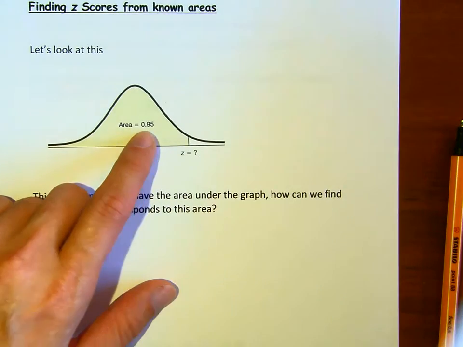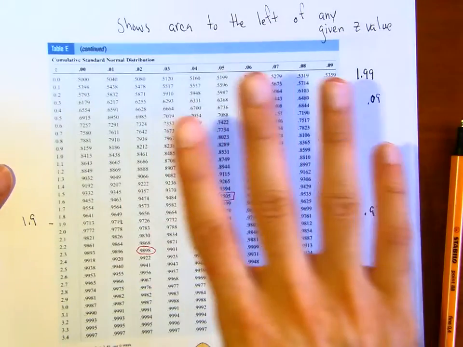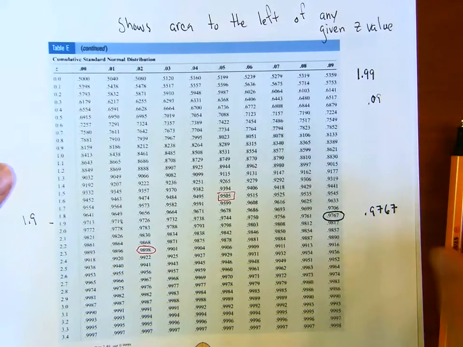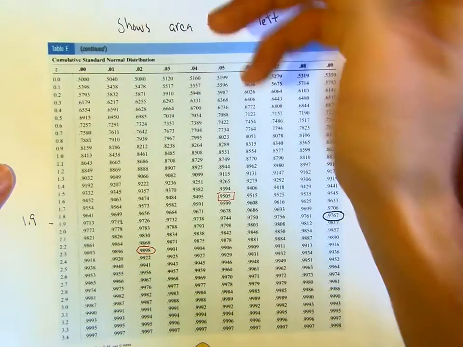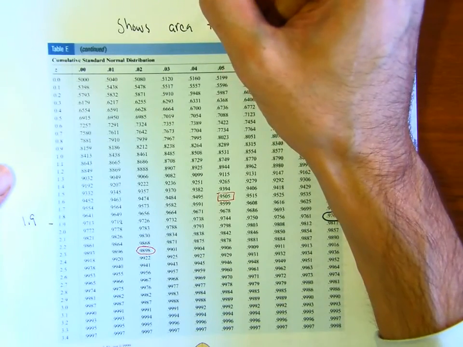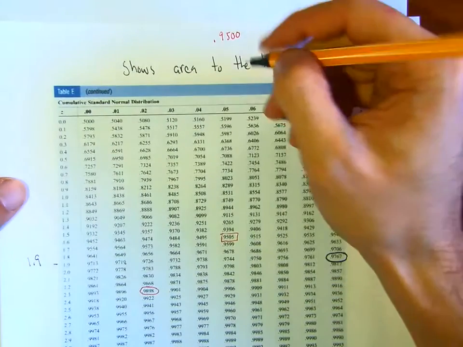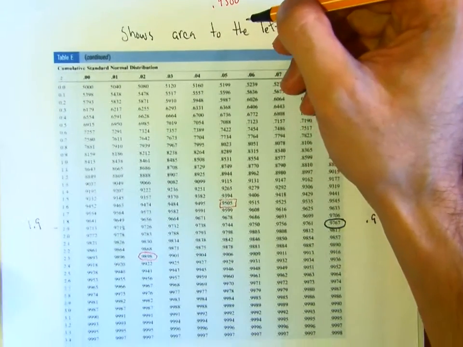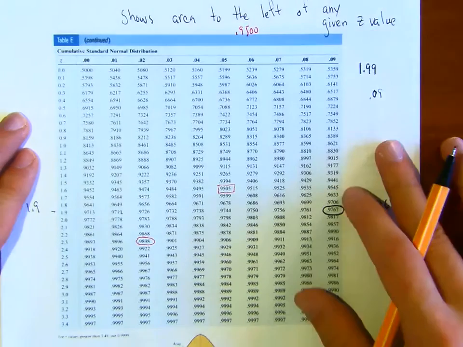We basically go within this table over here. And what I want you to do is find the z value within here that is closest to 0.9500. So pause the video and try and find 0.9500 or something really close to it.